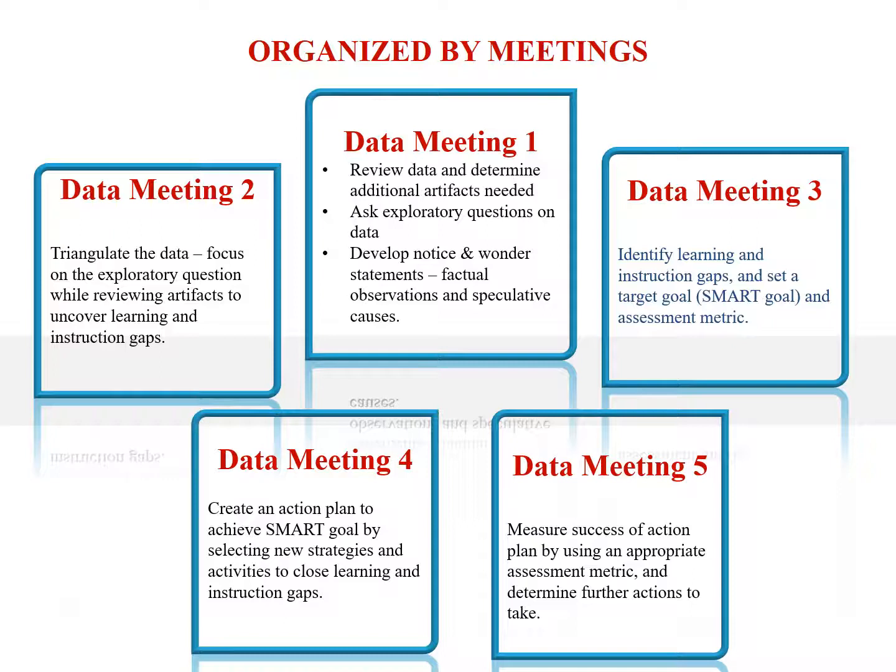And what we did was we reviewed research articles to come up with ideas. At our last data meeting, we measured the success of the action plans that were implemented by using the appropriate assessment metrics and determined further actions to take.